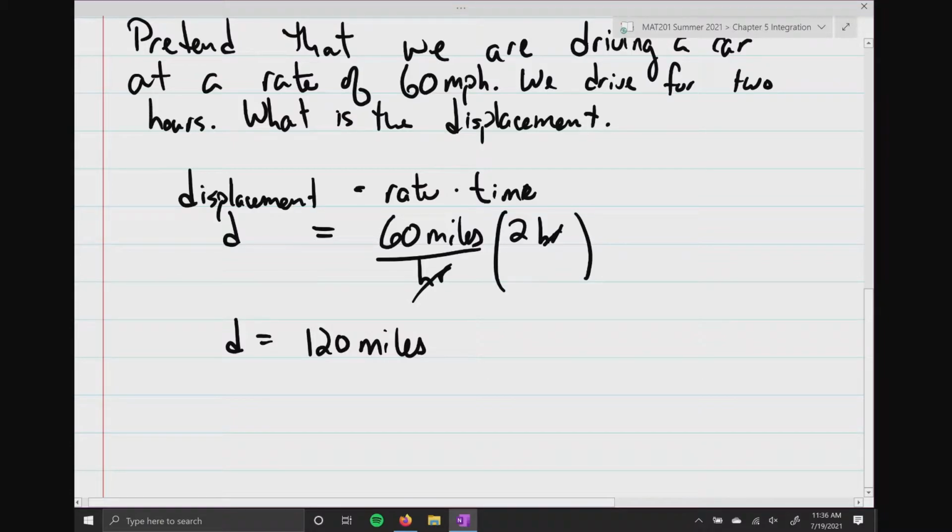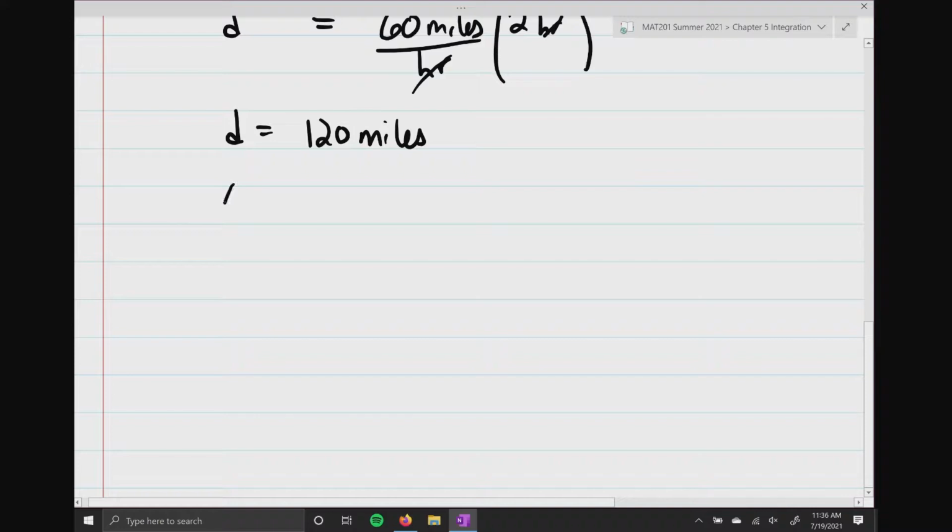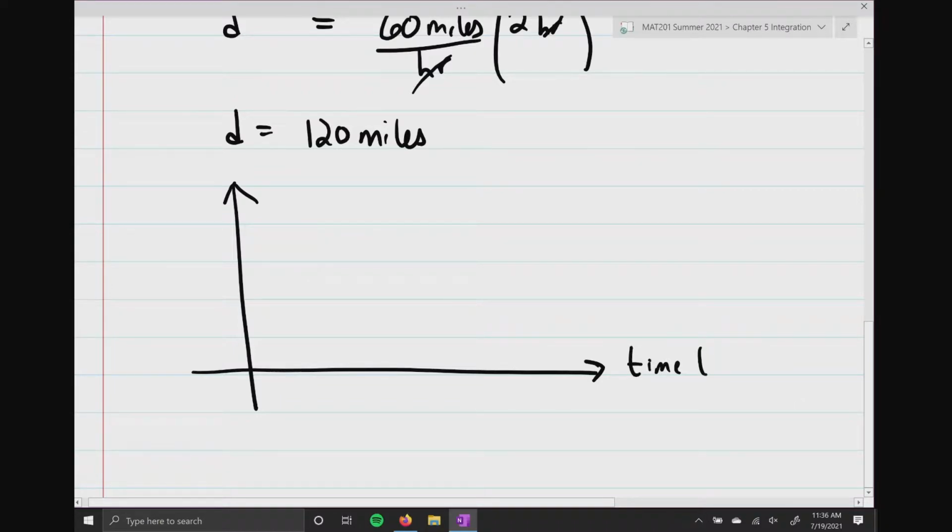However, let's geometrically look at this, meaning let's graph this. All right, so on the x-axis, we have time, which is our independent variable. And that's going to be measured in hours. On the vertical axis, we have velocity, or rate, which is a velocity. Okay, and that's measured in miles per hour.